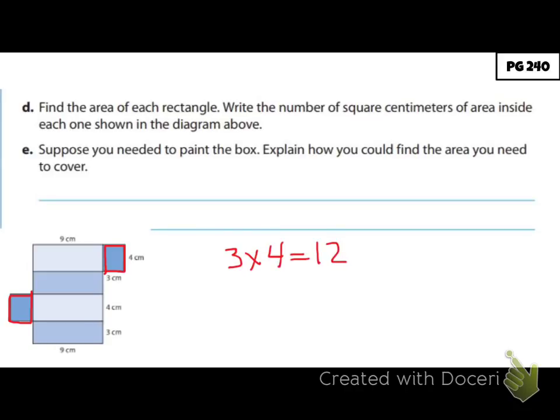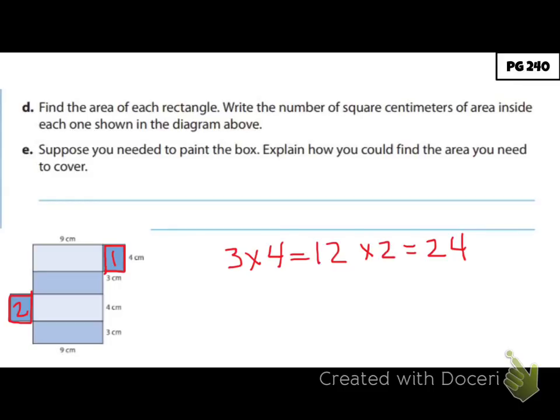But I have 2 shapes that are this size, so I need to do that twice. So I can multiply it by 2, which would give me 24 for both sides.